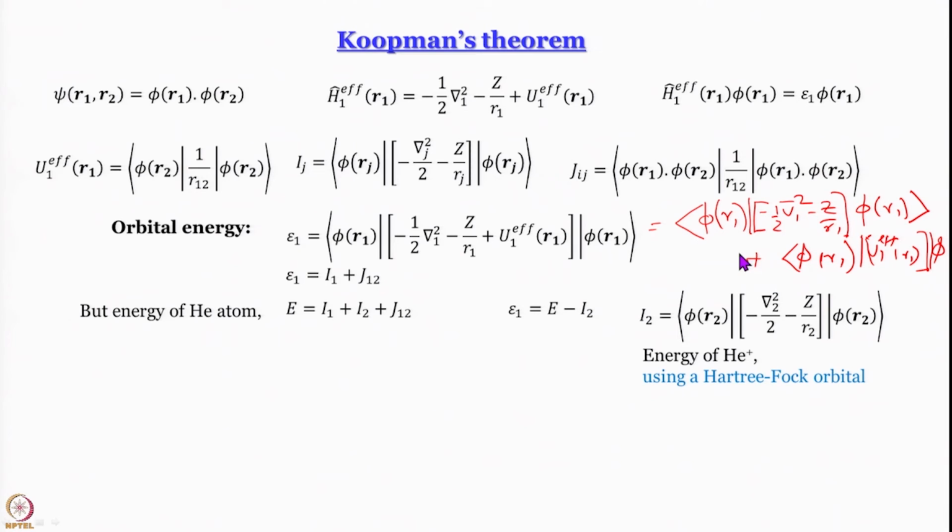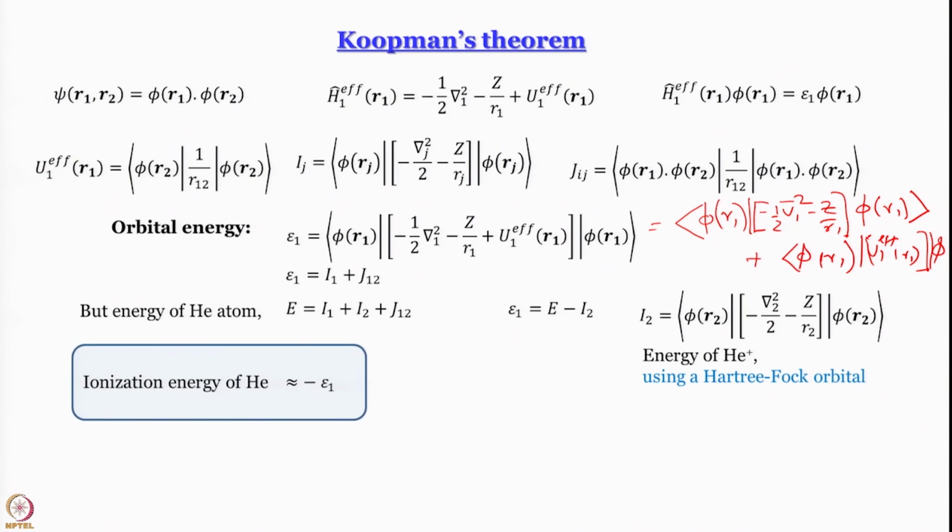Same way you can define I1 also. But there is a catch here: it is the energy of helium plus, but using a Hartree-Fock orbital, not using your hydrogen atom orbital, using a Hartree-Fock orbital that we have discussed. So, if we just plug that value, what does it turn out to be? Minus epsilon 1 turns out to be the ionization energy of helium.